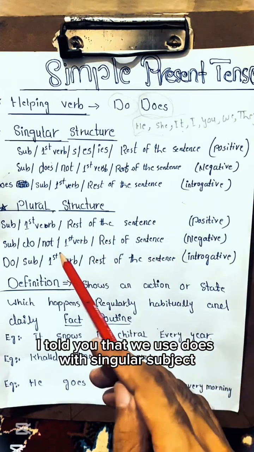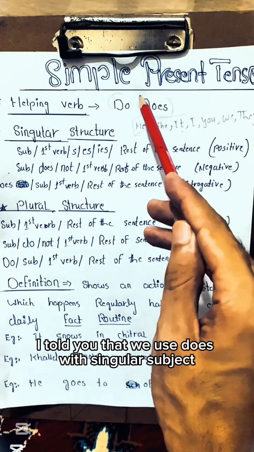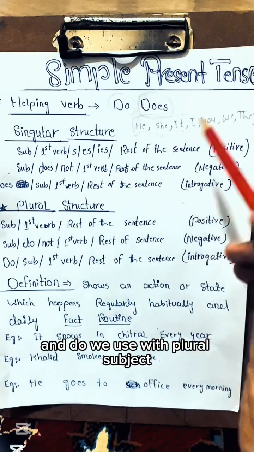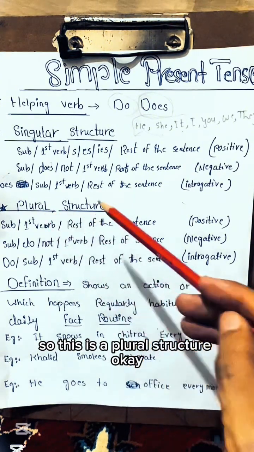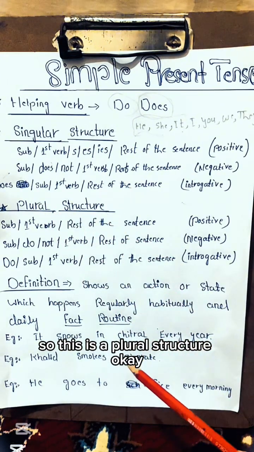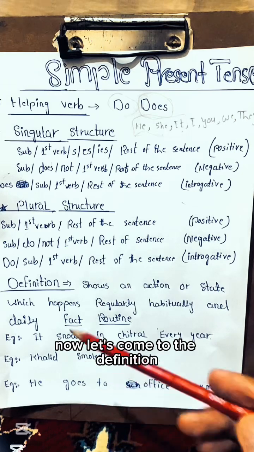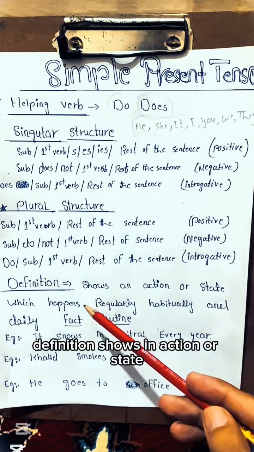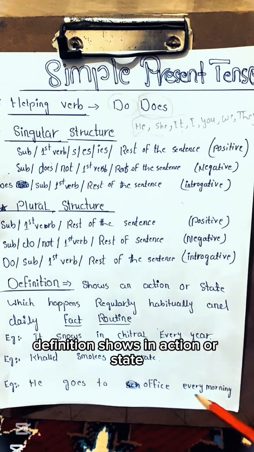Before, I told you that we use does with a singular subject and do with a plural subject. So this is a plural structure. Now let's come to the definition. What is the definition? It shows action or state.